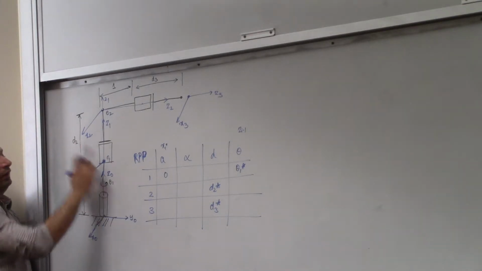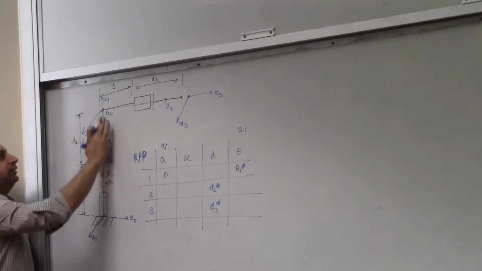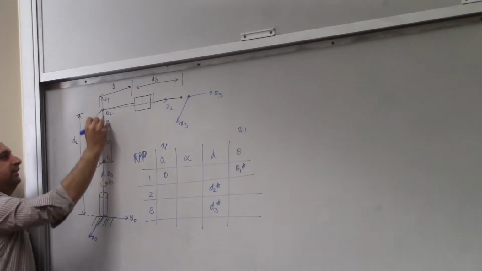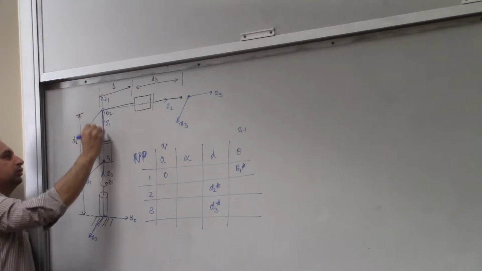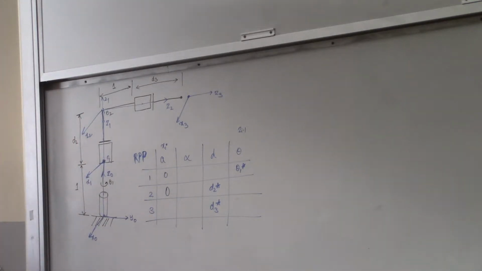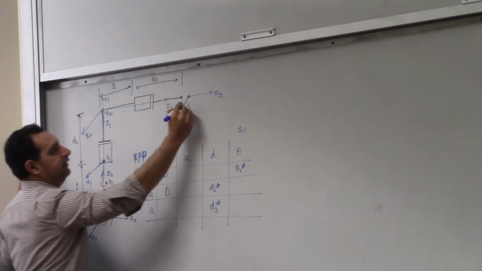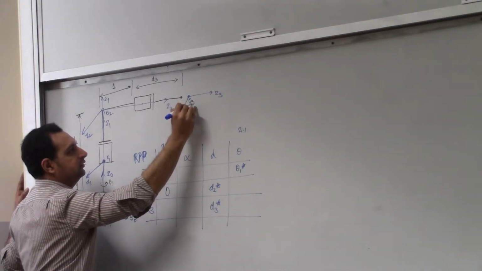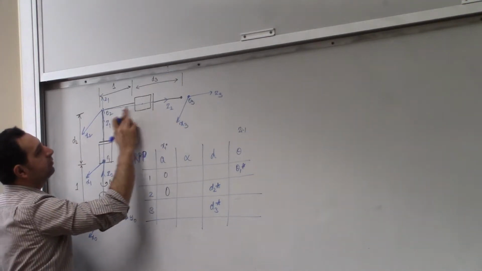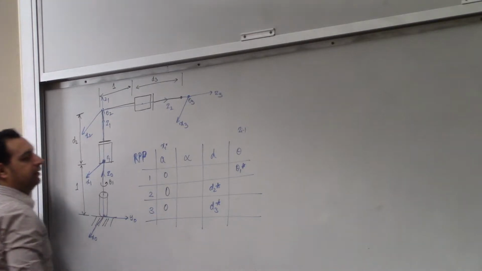Same thing here: A2 will be the distance along x2 till it is intersected by x1. x1 meets exactly at O2, so this will be 0. Let's go here. This will be the distance along x3, this is O3. Z2 is intersecting it exactly here, so this will also be 0.